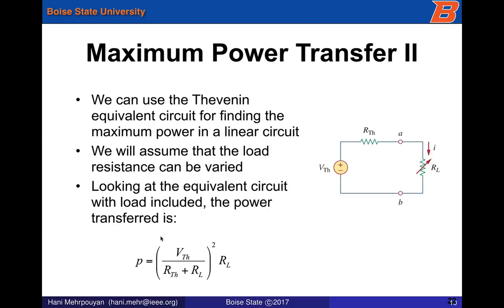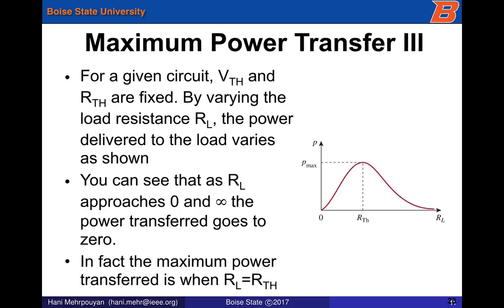If we look at the power transfer at R_L, the current is given by V_TH divided by R_TH plus R_L. We square it because I squared times R will give you the power that is dissipated in the resistance. So the maximum power that is transferred to R_L is given by this expression. If we plot it, we'll notice that the maximum power transfer happens when R_L is equal to R_TH, the Thevenin resistance.